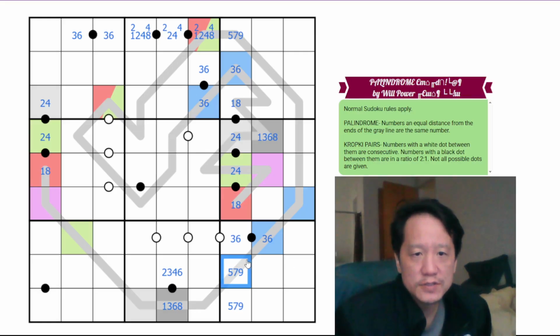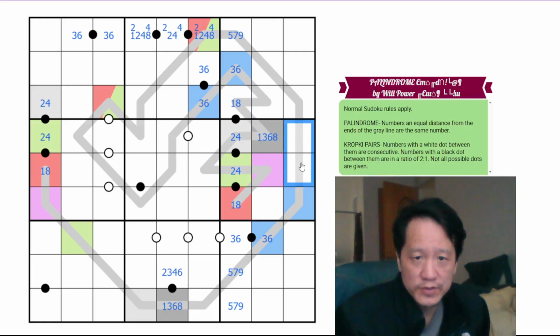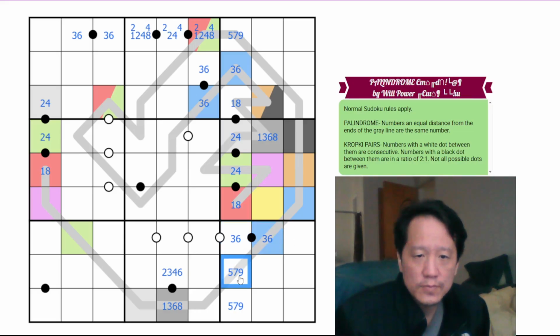So this is the same as that digit, which means it's one of these two. So we're going to make this orange, this is dark, and this is yellow. So this must be orange or dark. Orange or dark here.